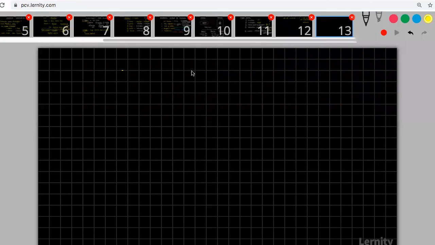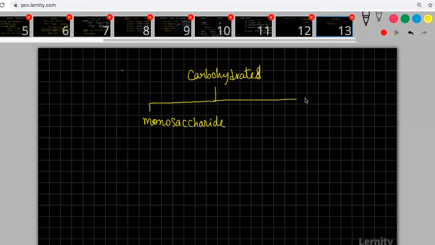So basically carbohydrates can be classified into three types. One is monosaccharides. The other one is what we call disaccharide. And the third one is what we call polysaccharide.